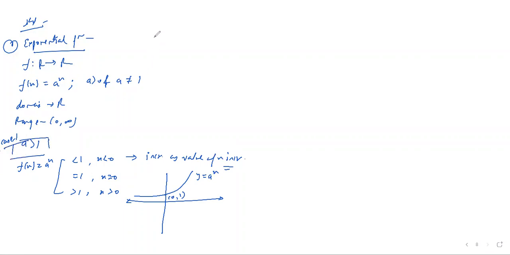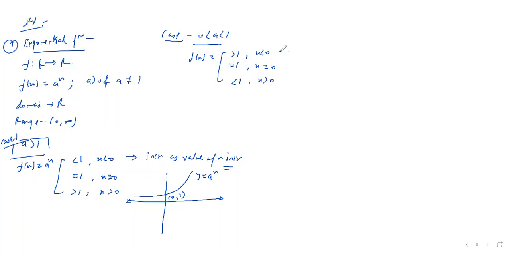Now let's see the case when a lies between 0 and 1. Then the function f of x is greater than 1 when x is less than 0, equals 1 when x is 0, and less than 1 when x is greater than 0.